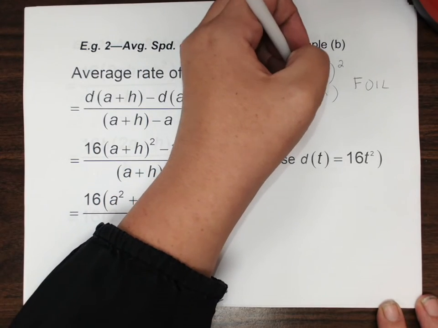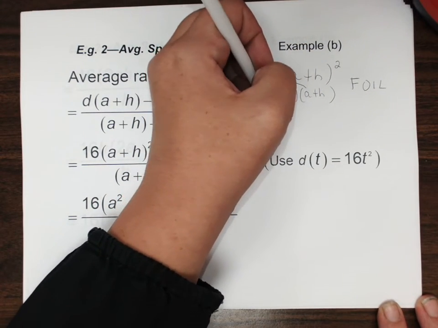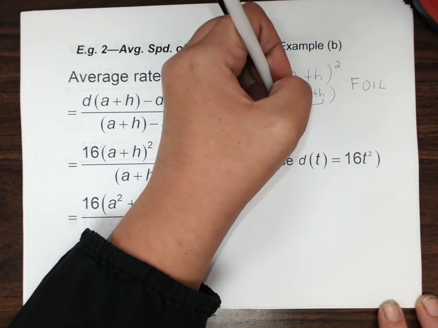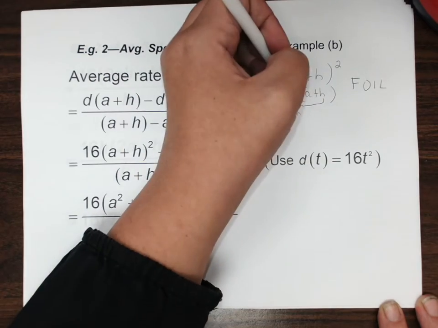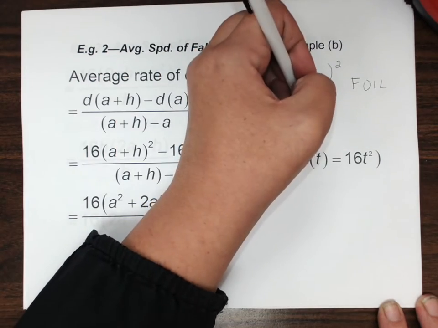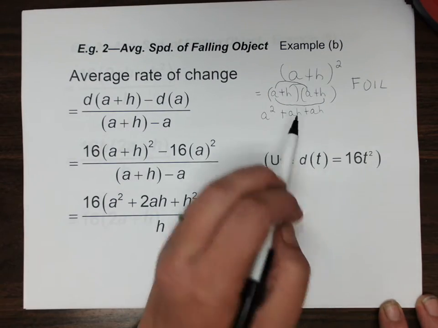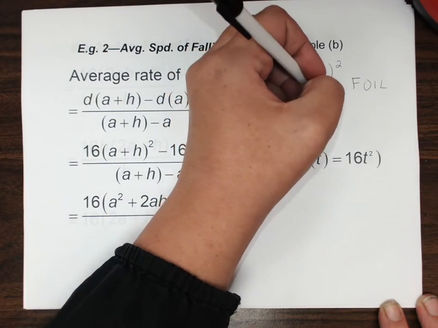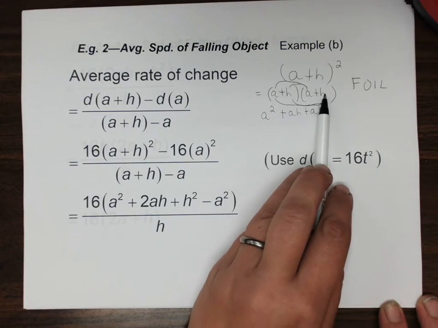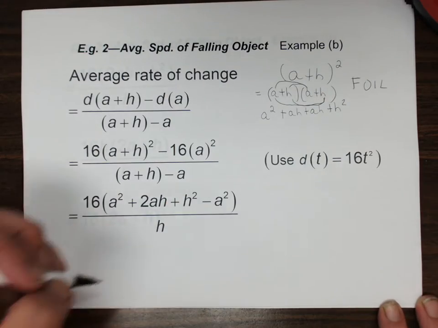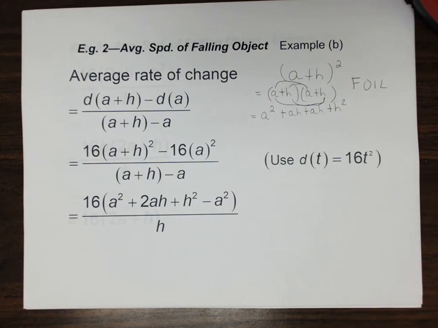So first, a times a is a squared. Outside, a times h is plus ah. Inside is a times h. We get another ah. Now I'm going to do the last two pairs, right? Which would be h times h. So h squared. So from that foiling, I got a squared plus ah plus h squared.